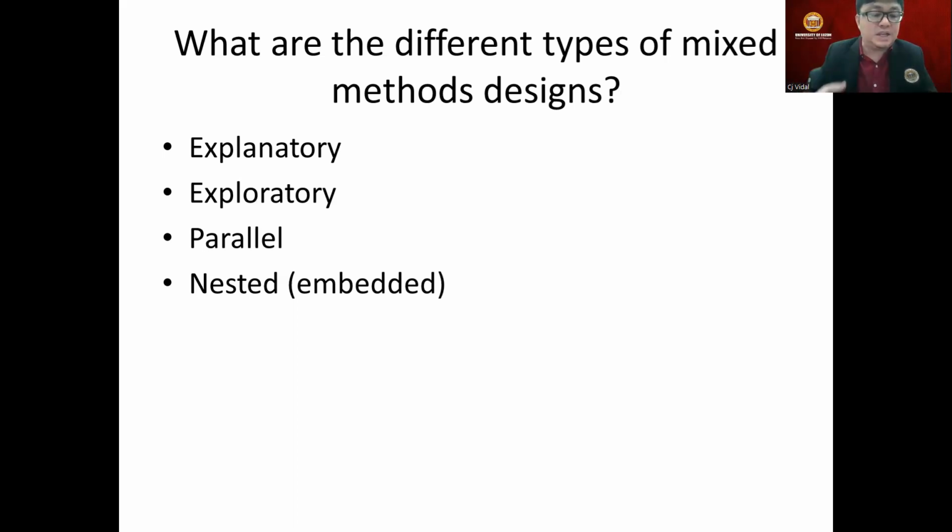Then quantitative data are collected and used to test findings empirically. Remember that quantitative data is where you do testing of findings in a more empirical way. So the flow is from qualitative to quantitative. So qual to quan, qualitative to quantitative.